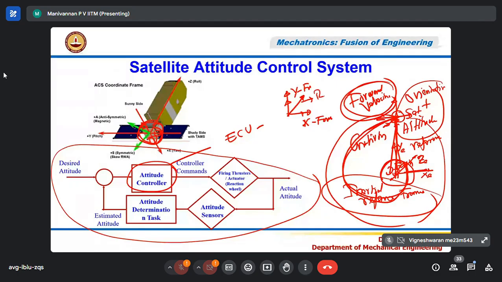This is called the resultant vector. Already you know about trigonometry. The resultant vector is the direction the rocket will go. If I fire the X rocket and Y rocket simultaneously, the rocket will not move in X or Y, it will move in the resultant direction. Similarly, if I fire Z also, in 3-dimensional space, it will maintain a particular orbit. By firing the rocket, only the particular altitude is maintained. Correct? That is what the altitude control is. Correct? That's how it is done.